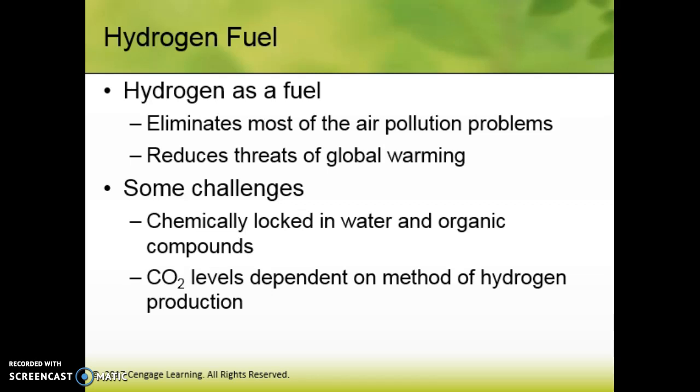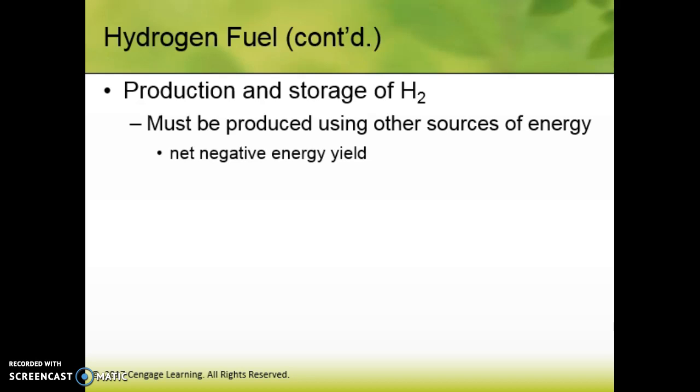It eliminates most of the air pollution problems, reduces threats of global warming and climate change and all that kind of stuff. But typically hydrogen is locked in water and organic compounds, and the CO2 levels are dependent on how we produce the hydrogen. If we make it from something like water, we're not going to create a lot of CO2, but if we are stripping the hydrogen off of organic molecules, we're going to make a lot of CO2.